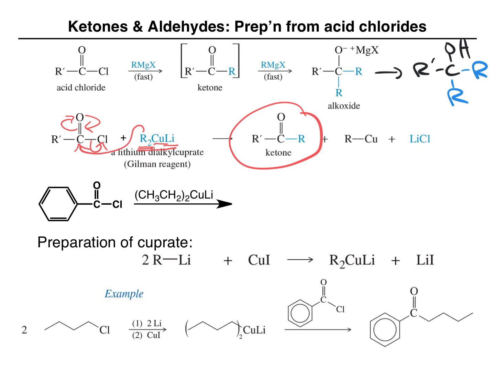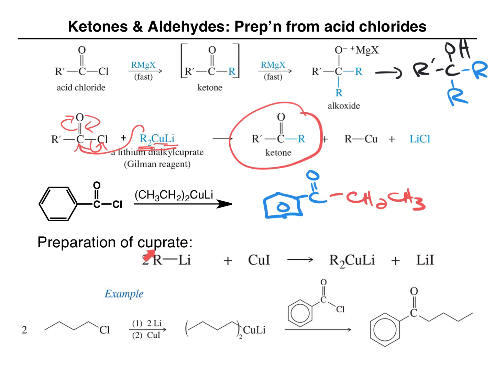So for example, if we have benzoyl chloride and we treat this with lithium diethyl cuprate, this will give us ethyl phenyl ketone. So this piece came from the acid chloride, and this piece came from the cuprate.